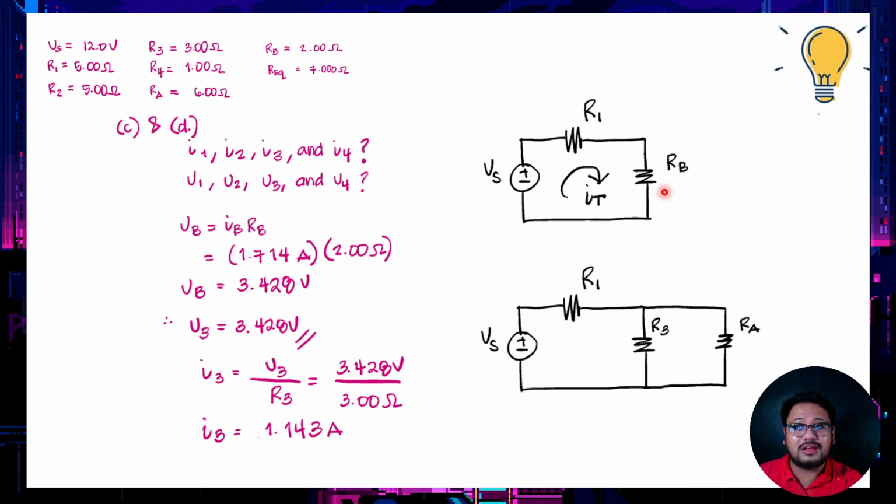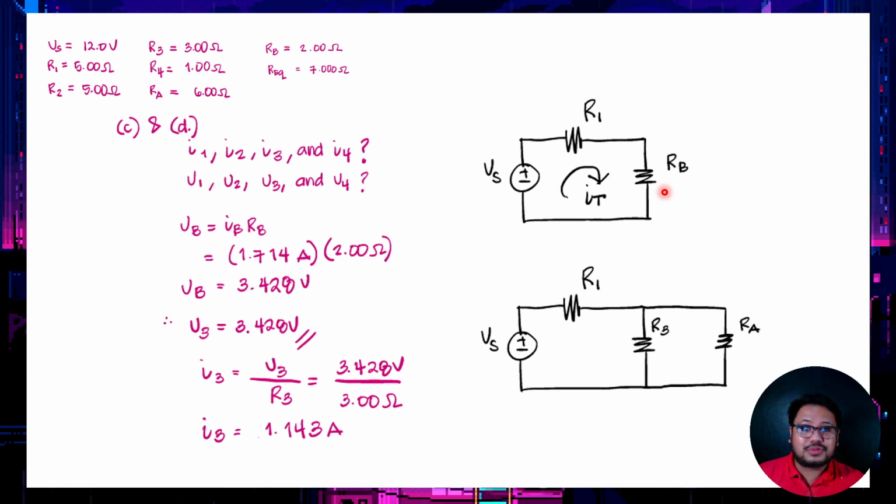Hence, our V3 is just equal to 3.428 volts. Given that, we could now solve for the current passing through R3, and that is I3 equal to V3 over R3. So we have 3.428 volts over 3 ohms. So it will give us 1.143 amperes. So that is the current passing through our R3.